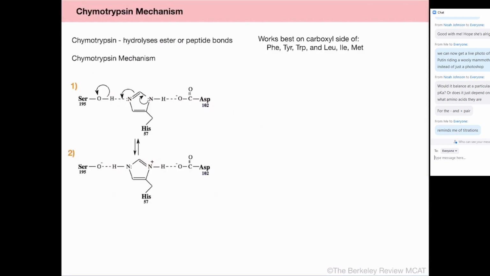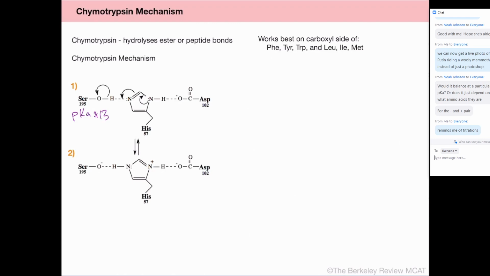If we look at chymotrypsin, we're in the active site, so we have a serine residue, a histidine residue, and an aspartate residue, all in that little pocket. They're all very close to each other, so you're going to get these electrostatic effects of each other, okay? Serine's pKa is usually around 13, so it really wants to hold on to that hydrogen.